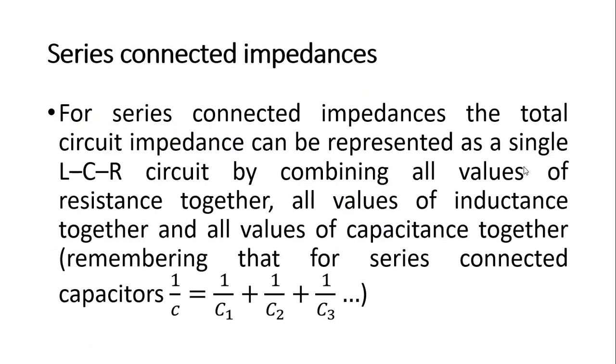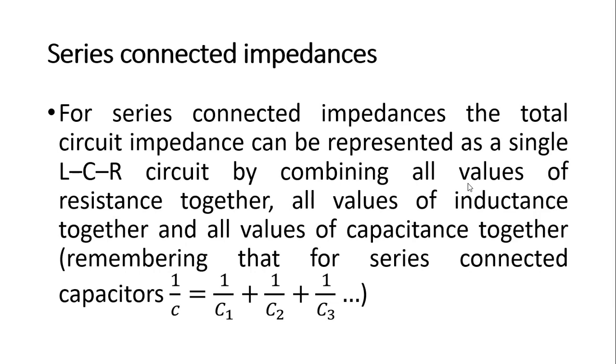So we also have a case where you have series connected impedances. For series connected impedances, the total circuit impedance can be represented as a single LCR circuit or RLC circuit, as the case may be.